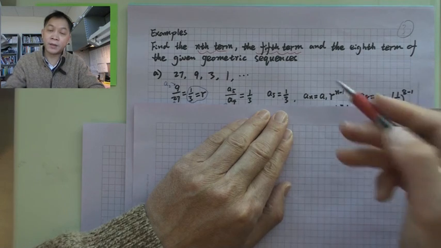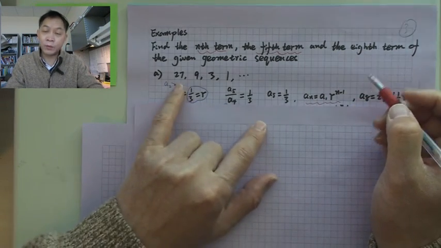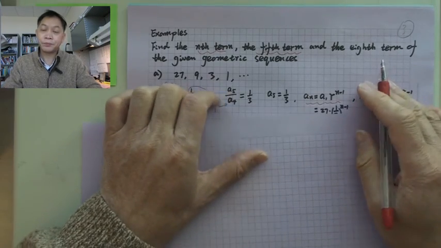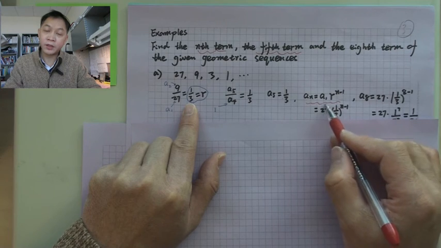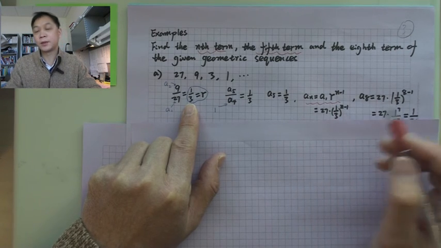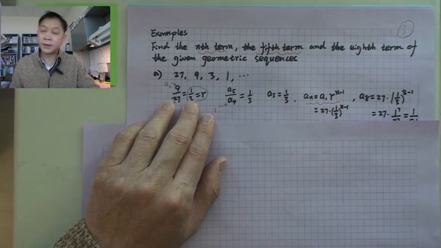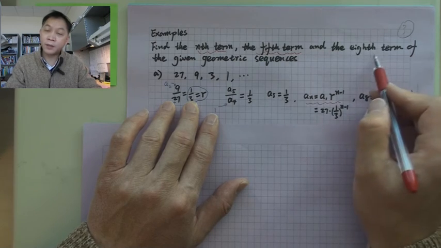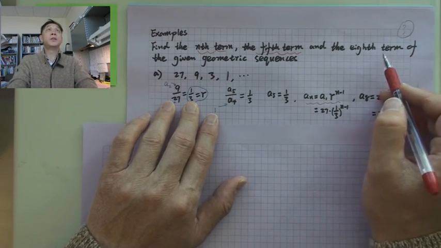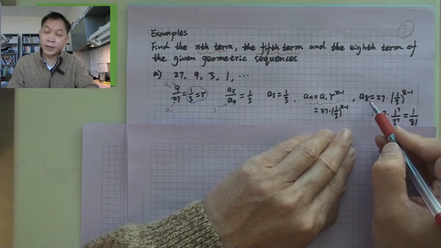The general formula is like this. And we have A1, which is 27. And we have R is 1/3. So this is the nth term formula. You may simplify that. You may leave it. Now, the eighth term, you simply plug in 8.